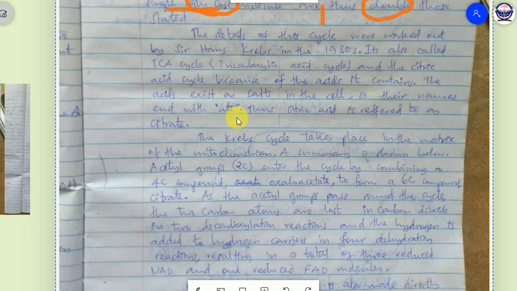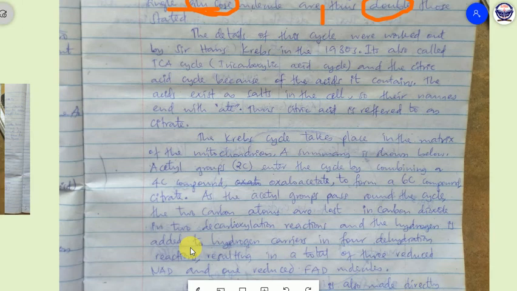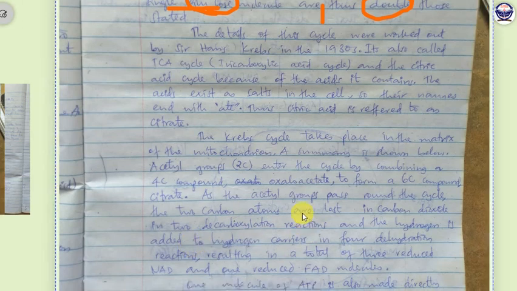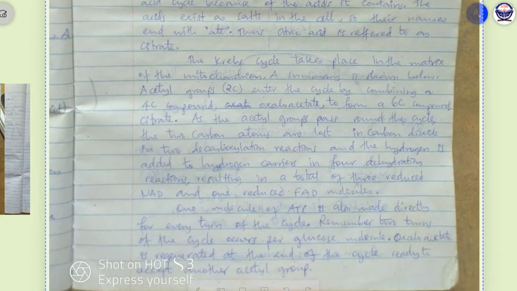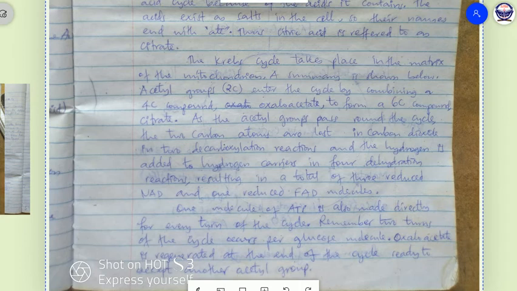Kwa mfano unaweza ku-name sulfate, -ate because they exist as salt. Thus citric acid is referred to as citrate. So don't you wonder, kwa mfano tukisema alpha ketoglutarate au mwingine akisema alpha ketoglutaric acid, it is because inavyo exist kama salt tunaiweka ketoglutarate, not as ketoglutaric acid.